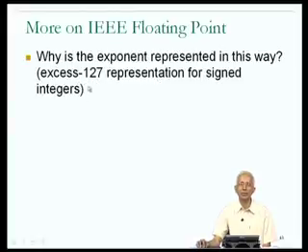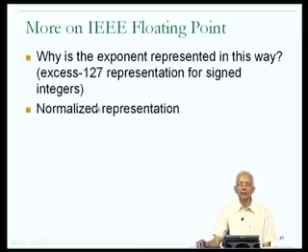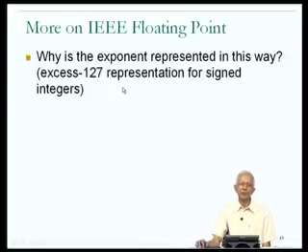They used something called the excess 127 representation. The representation that we saw, where the value minus 4 is represented by 123, because 123 minus 127 is equal to minus 4, is known as the excess 127 representation, and that is what is used for the exponent in the IEEE standard. Okay? So the question is, why do they use the excess 127 representation instead of using something else?